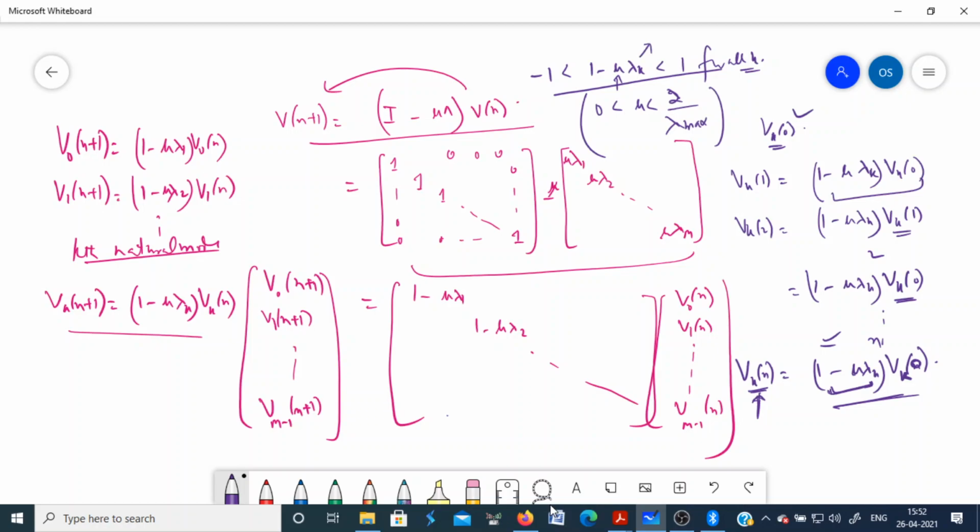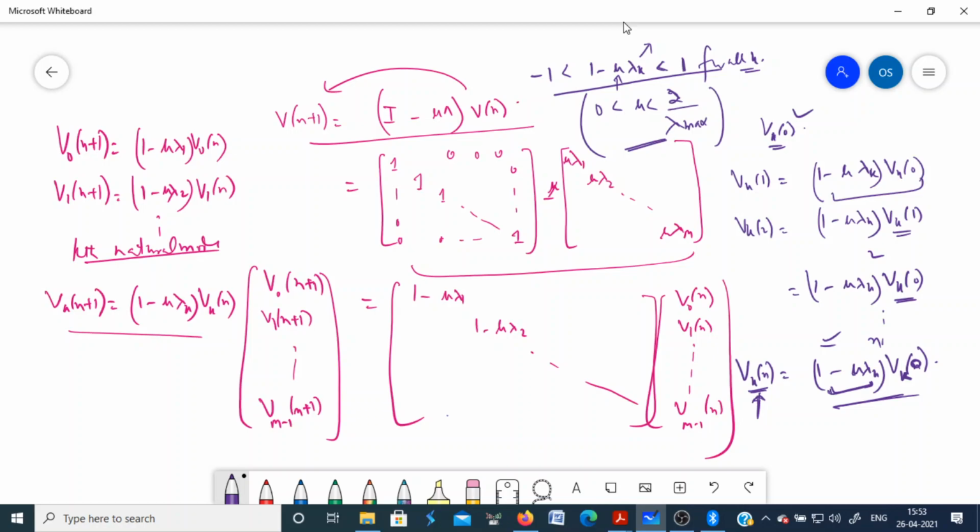Lambda 1, lambda 2, lambda 3 are the different eigenvalues of the autocorrelation matrix. So for all those cases, 1 minus mu lambda k must be limited between minus 1 and 1, or the magnitude of this should be less than 1. For this to happen, mu must be controlled between 0 and 2 by lambda max.